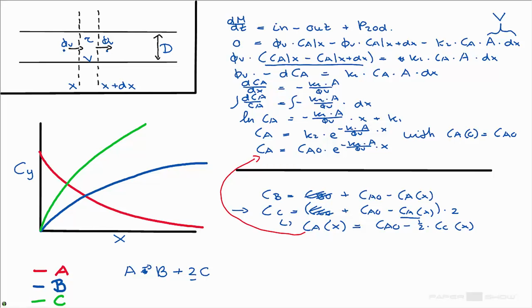And the only variable left would be Ccx, and if I do this and rearrange some things, I am left with this equation.